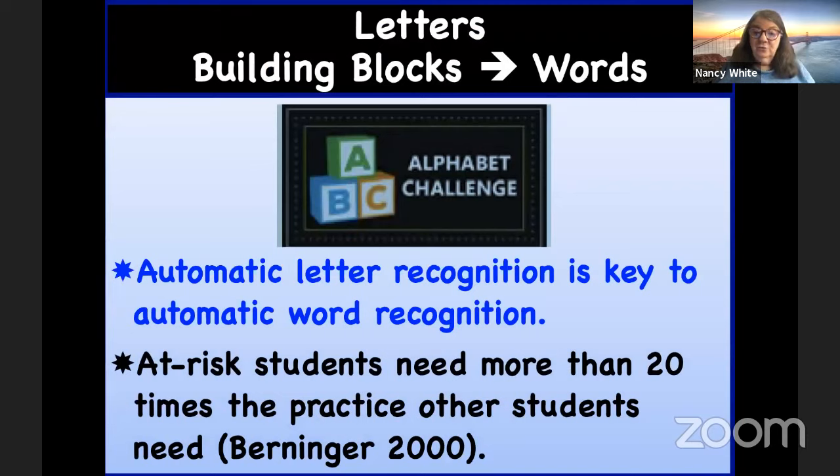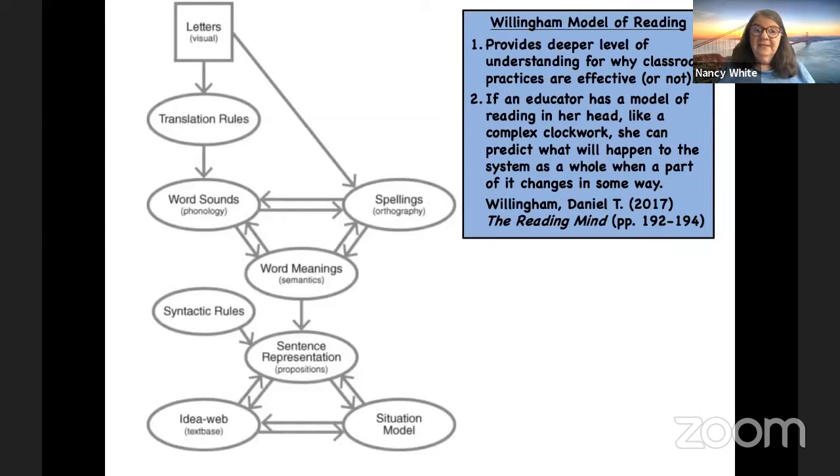At-risk students need more than 20 times the practice other students need. And this is a new little diagram that I've just come across, by Willingham. He talks about these letters that we see, but there are translation rules for turning those letters or groups of letters, the graphemes, into phonemes, but then there are also rules for those letters becoming graphemes.